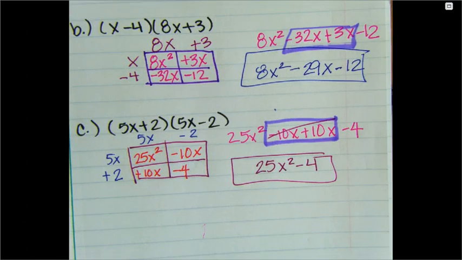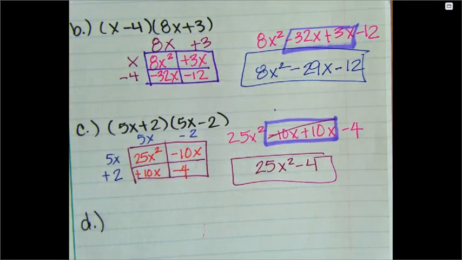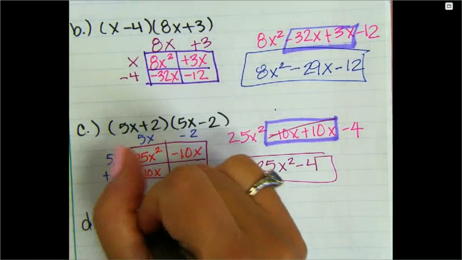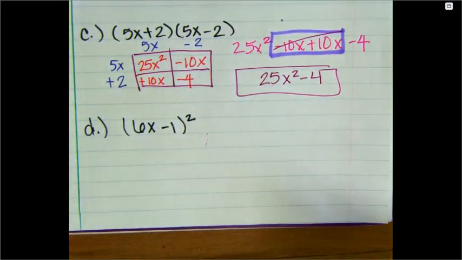So let's do again. Oh, I have room here. Let's do. Oops. Where's my highlighter? 6x minus 1 squared. Yes, I can change the variable, but I'm sticking with x's.